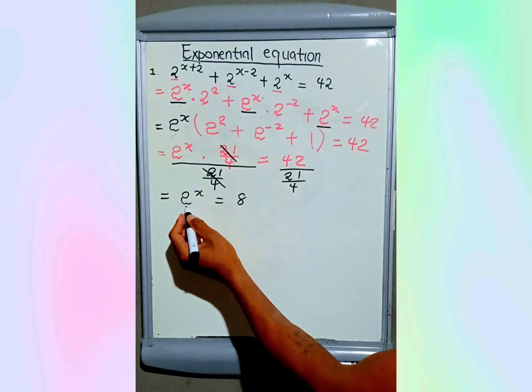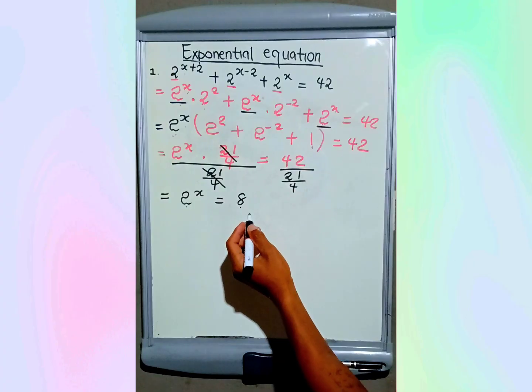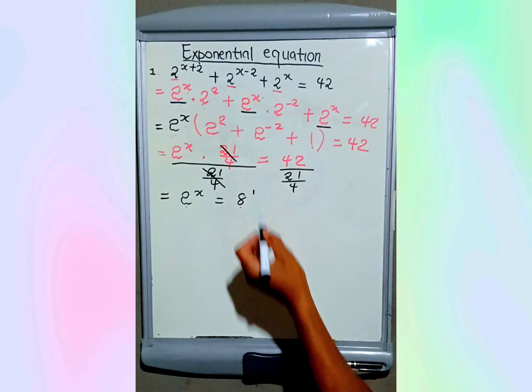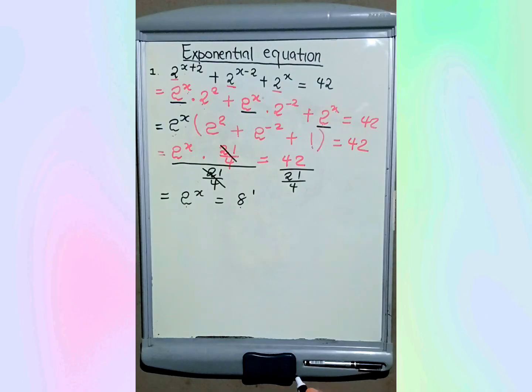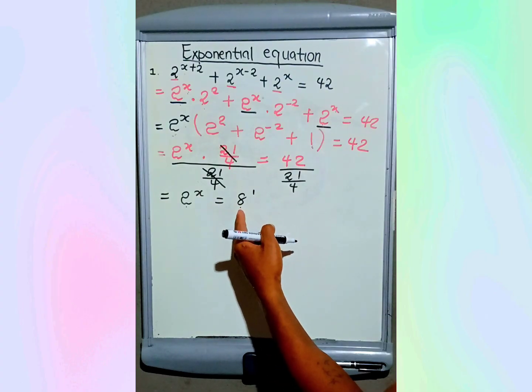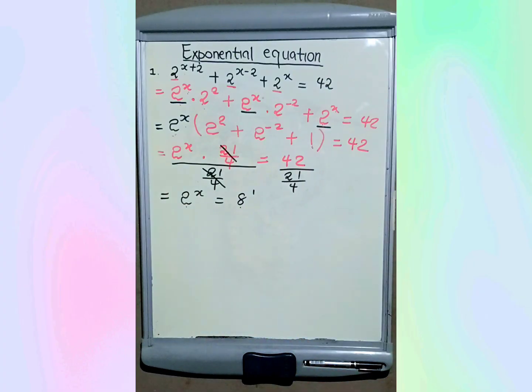Here we have 2. On this side we have 8. Okay? Remember what I said. I said that any number always has an exponent which is equal to 1. Therefore, how am I going to create this 8 to have a base of 2?